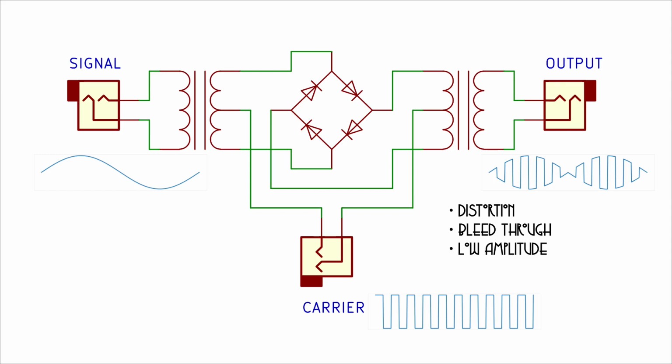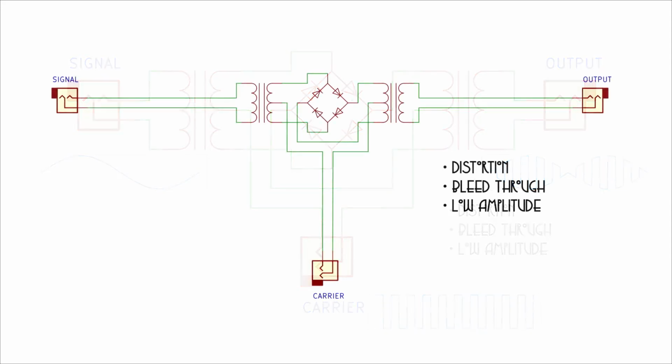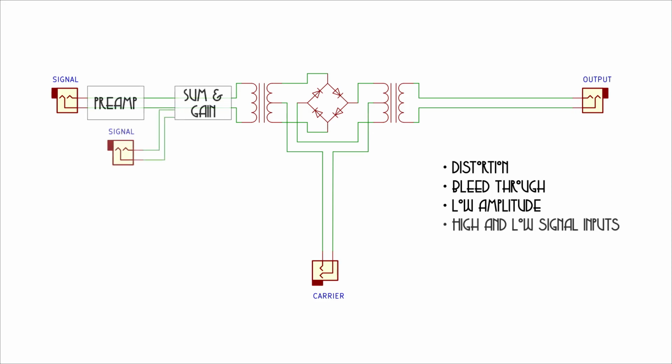But Stone also has another design in which he takes the ring modulator core and adds to it some powered active electronics to try to address some of the problems that you get with ring modulators. So on the signal side, he adds a second signal input.